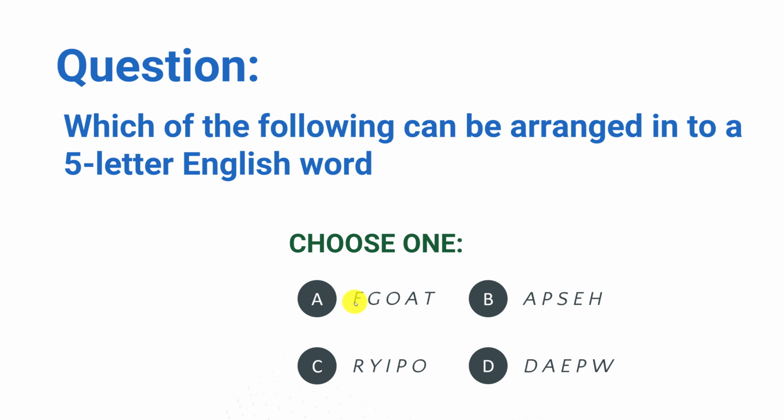A couple of suggestions here. You see choice A has inside of these letters the English word goat. So typically it's the wrong choice, because typically you wouldn't be able to easily rearrange this word into something else. Typically, and again it's only typically, you would want to start with a letter somewhere in the middle. The right choice here is choice B, and it's the word shape.